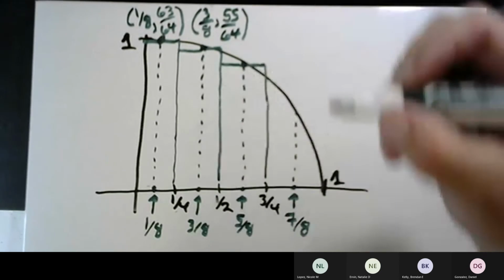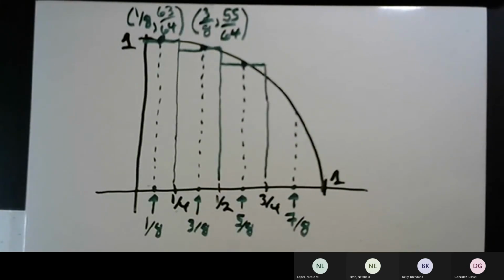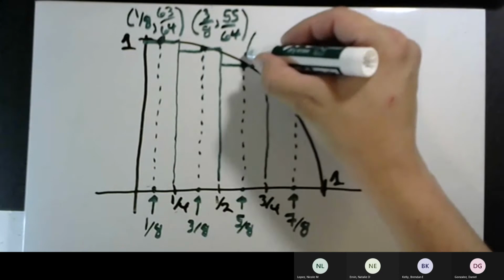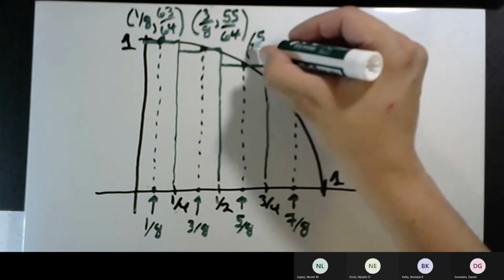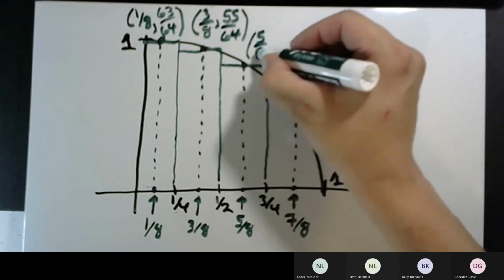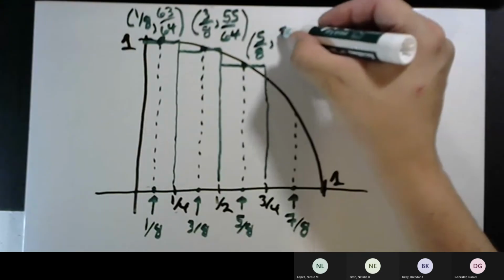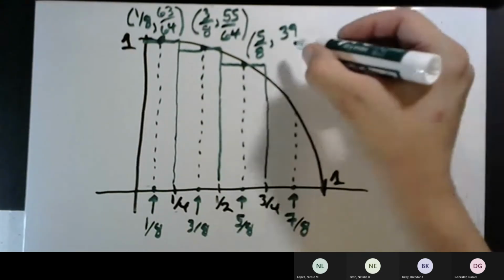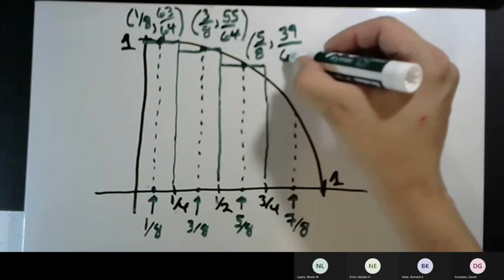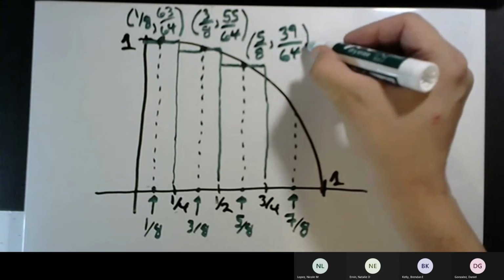So again, it overshoots and undershoots. This one is 5/8. If you're having a hard time seeing this, just let me know. 5/8, 39 over 64.